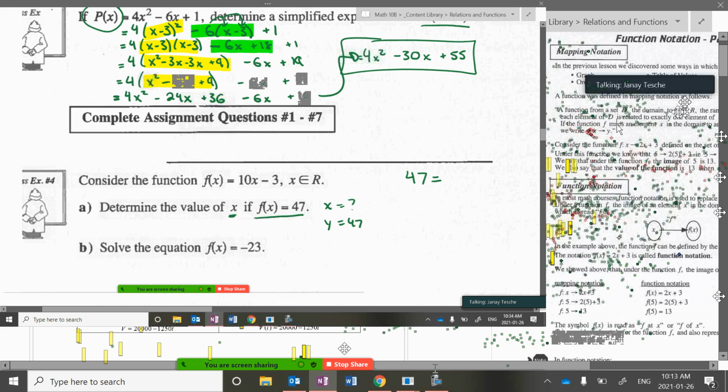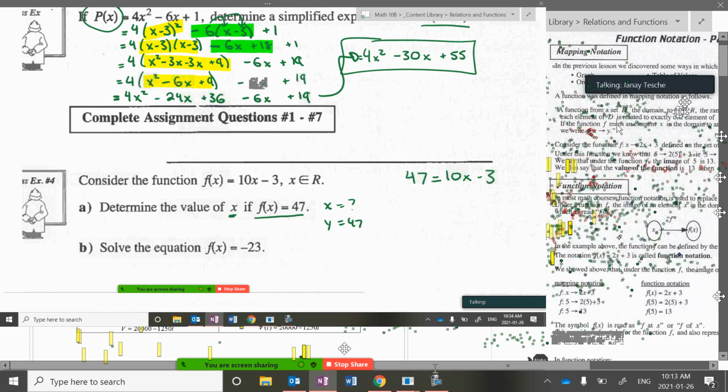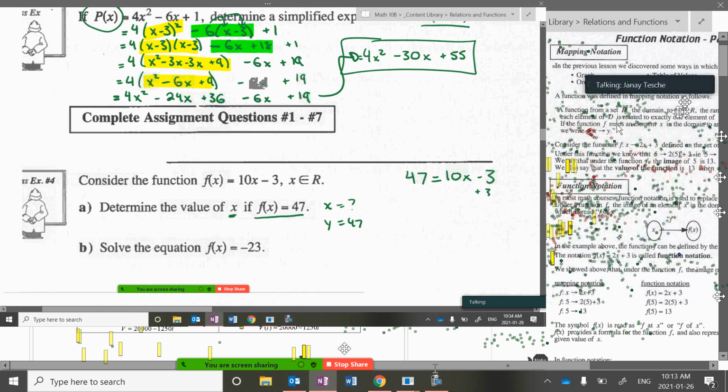So I'm going to get 47 is equal to 10x minus 3. How do I isolate and solve for that x? That's my first step. So then 50 is equal to 10x. To get rid of that 10, I divide both sides by 10.